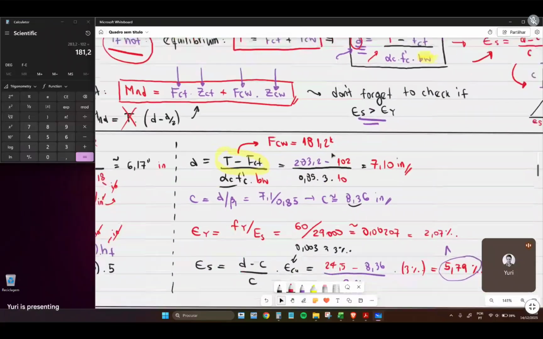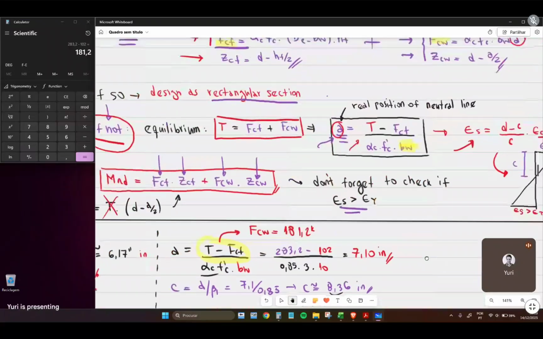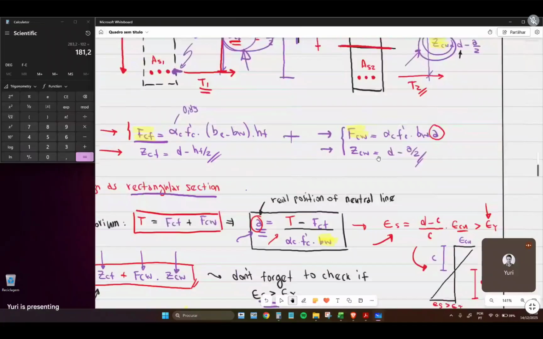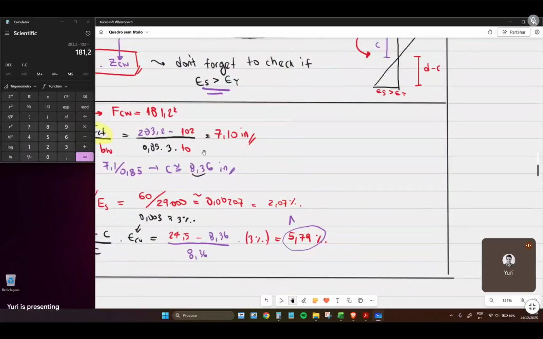And the lever arms, they are these equations here: d minus hf over 2 and d minus a over 2. Let's just put them here to make it easier to multiply. So ZCF and ZCW.